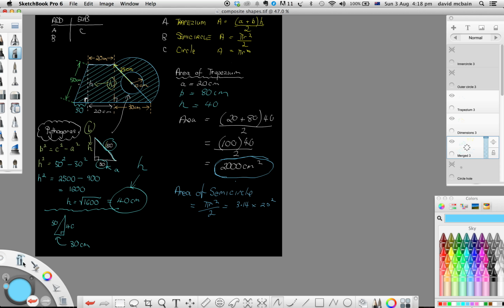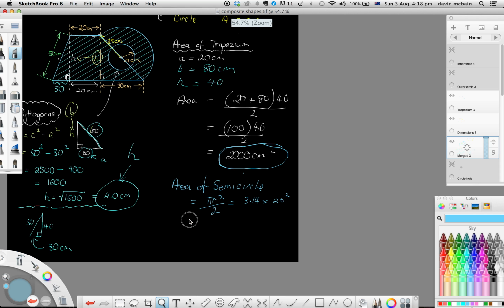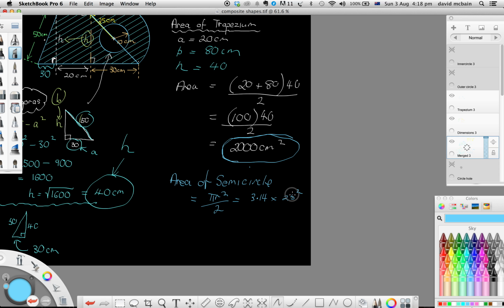Let's zoom in actually. 25 squared, and that will equal 1,962.5 divided by 2, which equals 981.25. So there's the area of our semicircle.